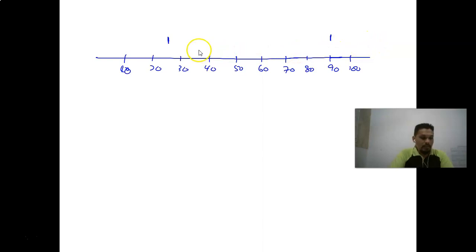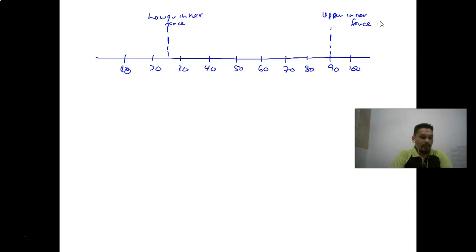Okay, this is the lower inner fence, and for 90 it is the upper inner fence.